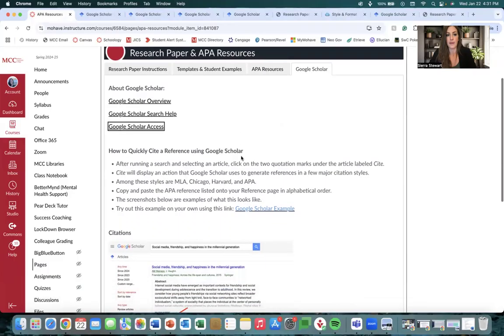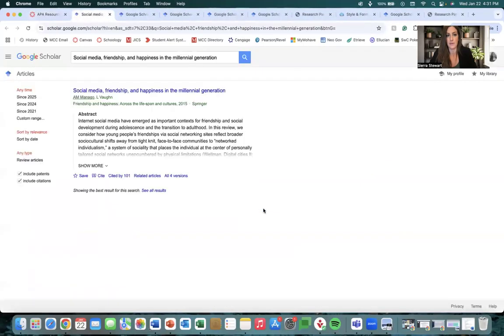Another really cool thing about Google Scholar is that when you find the article that you want to use and you're not exactly sure how to reference it, it will show you how to write that perfectly. Okay. So here's an example. If you want to use it, you can try it out. You can click on this link. This takes you to just a study. So let's say that you wanted to do your study about social media and happiness and millennials.